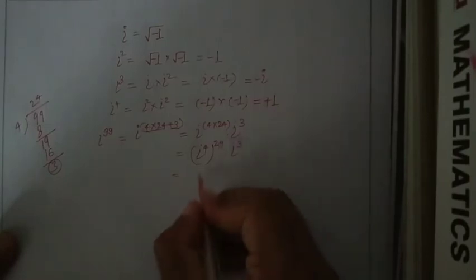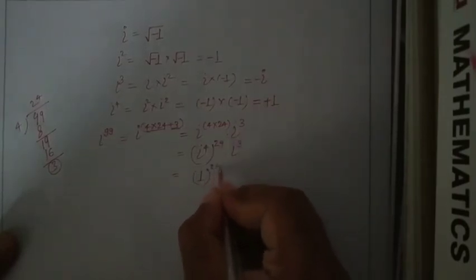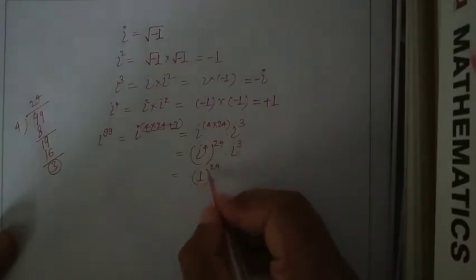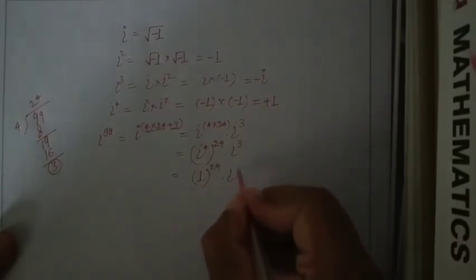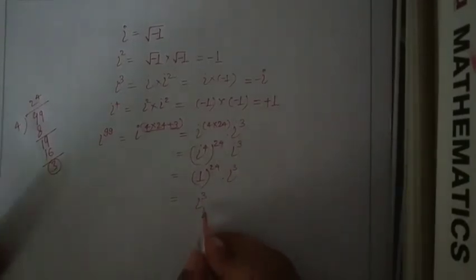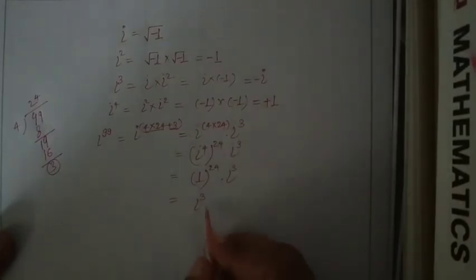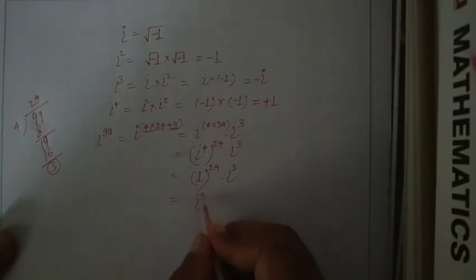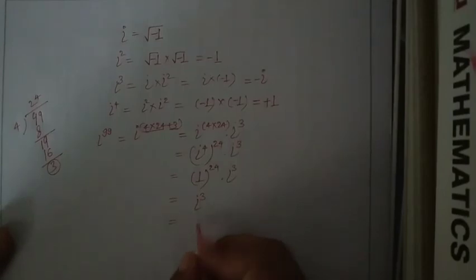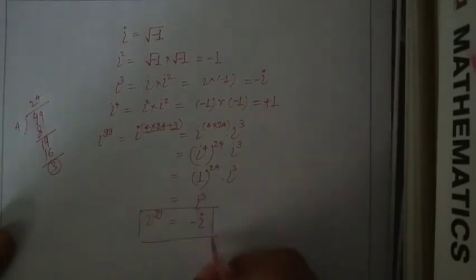That power of 24 will be just 1 only, because you know that 1 to any power is 1, so it is not going to change any value further. So i to the power 3 will ultimately stand in place of i to the power 99. So the 99th power of i is equivalent to the 3rd power of i, and the 3rd power of i you have just calculated above, that is minus i. So the value of i to the power 99 is equal to minus i.